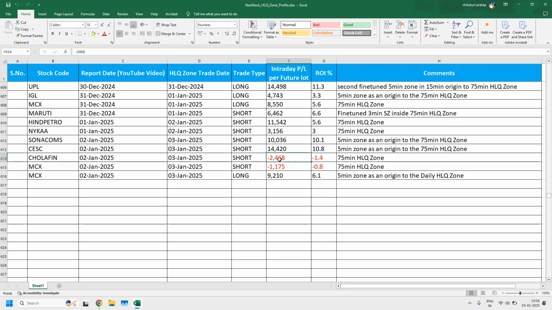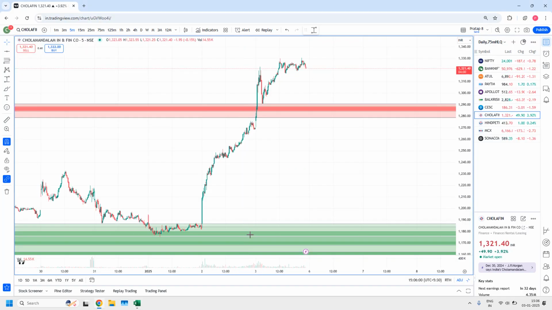Cholamandalam Finance, happily we will accept. Yes, it is violated. But accepting MCX does not really come from our heart. Because it narrowly just crossed the stop buffer and then again it gave a good profit. But you would have exited your trade by this time, because it hit your stop loss.